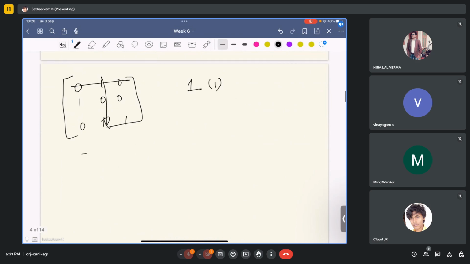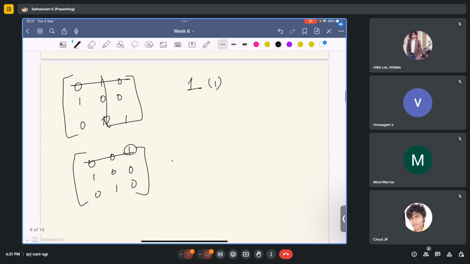Suppose I have a different matrix, something like this, and you take the determinant again. You expand via this row, so that is minus 1 times this, which is 1 again.